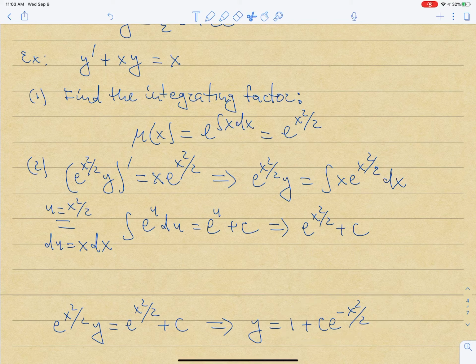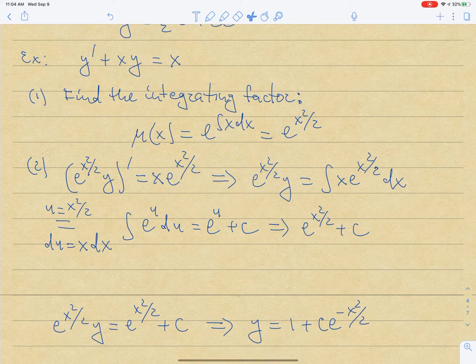So then from our conjecture, we guess that 1 should be a particular solution of a non-homogeneous equation, and this should be a general solution of a corresponding homogeneous equation where you replace x by 0. So it will be actually very easy to check if 1 is a particular solution. If I take y equal to 1, then y prime is 0, so I'm multiplying x by 1 on the left, and I have x on the right, so indeed 1 is a particular solution.